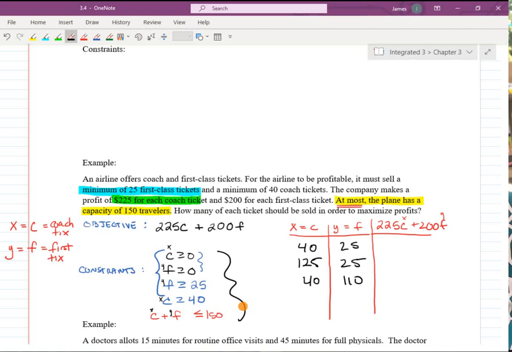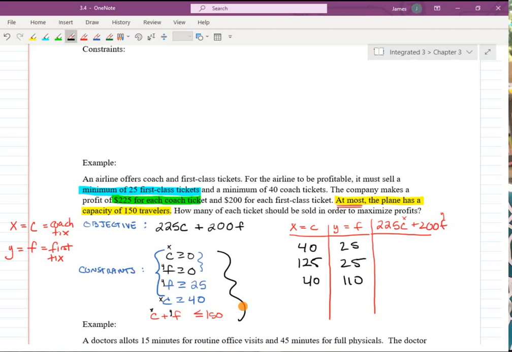Were they both 40 and 25 bigger than 0? So these are automatically going to be met. Okay. This next one, 125 and 25. Well, if I go 125 coach tickets, is 125 greater or equal to 40? Yeah. Is 25 greater or equal to 25? Yeah. When I add them together, do I get something less than or equal to 150? Yeah. Okay. And the same thing for 40 and 110.